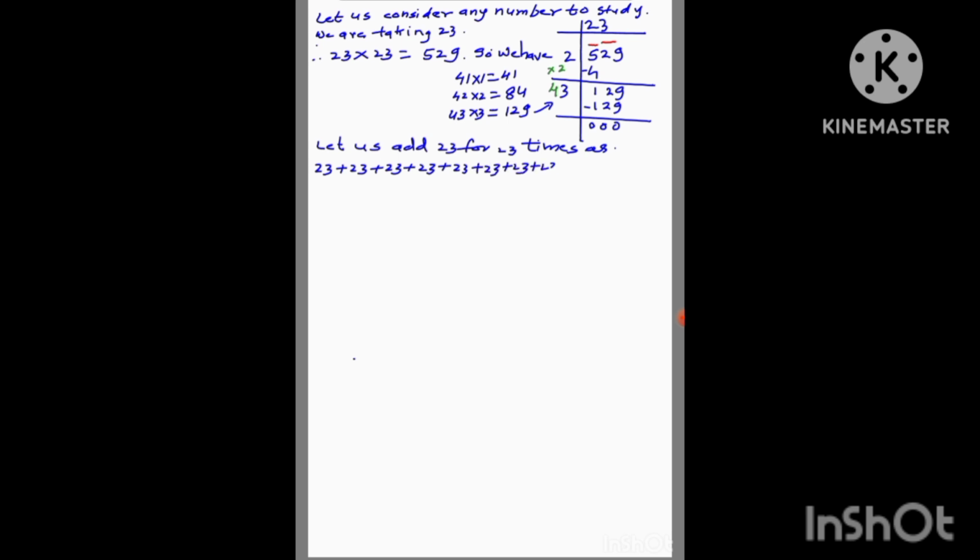We multiply that divisor, in this case the 2, by 2, any divisor. If you have different numbers, maybe 3 or 4, it is multiplied by 2. We are trying to find out why. Now we are adding 23, 23 times.